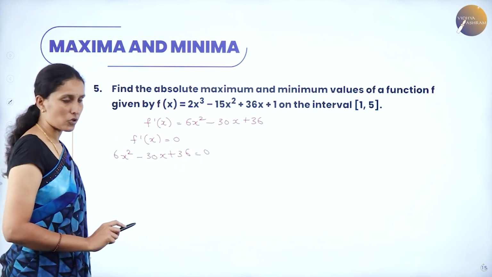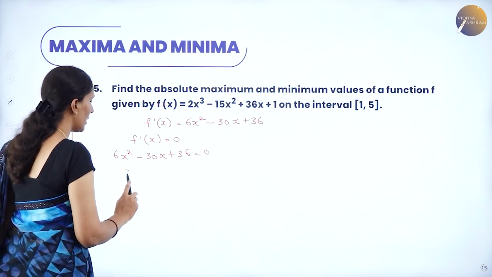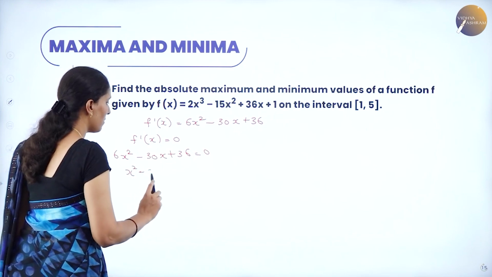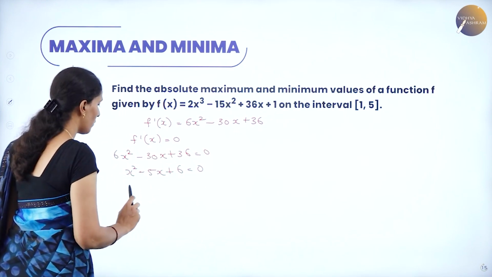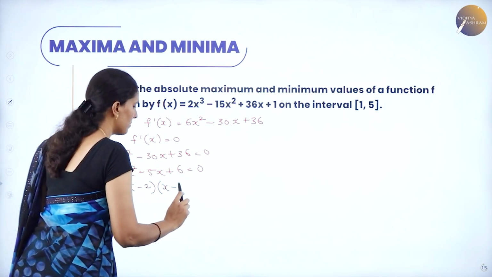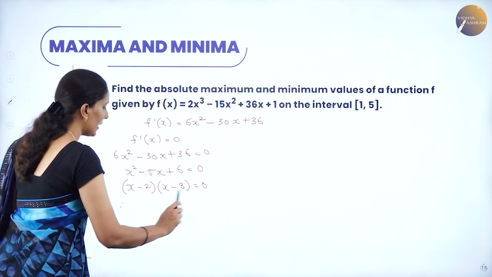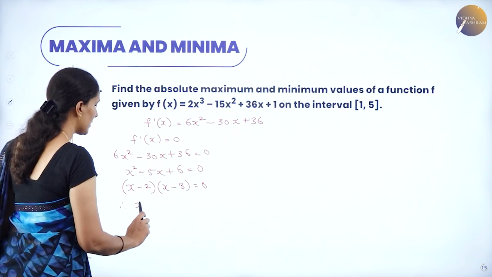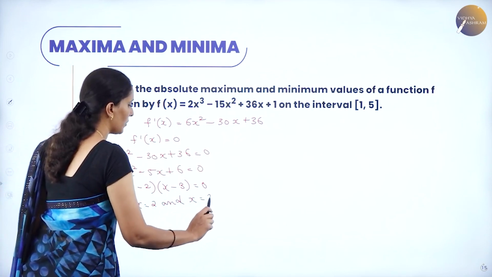Divide throughout by 6, or take 6 as a common factor and write only the quadratic equation. Then we get x square minus 5x plus 6 is equal to 0. So, we get x minus 2, x minus 3 is equal to 0. Therefore, the critical points are x is equal to 2 and x is equal to 3.